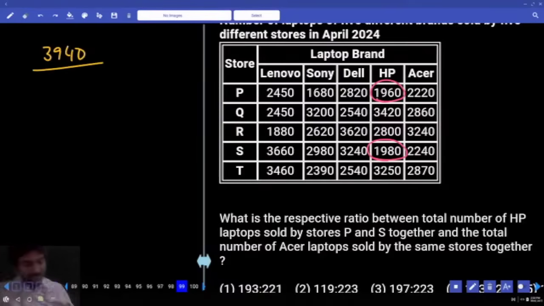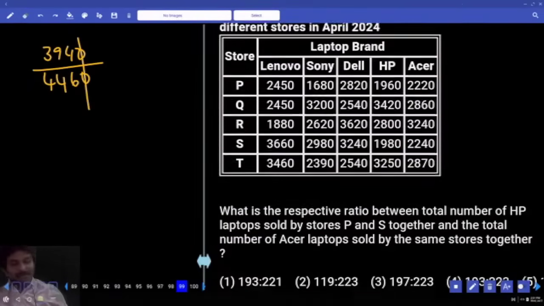Yes. Ratio between this and Acer laptops sold by the same stores. Acer, same stores, P and S. 2220, 2240. Easy to calculate. 4460. Cancel. Come on.